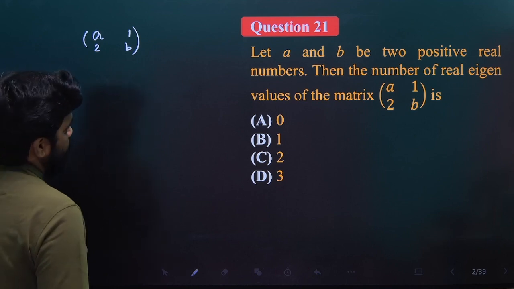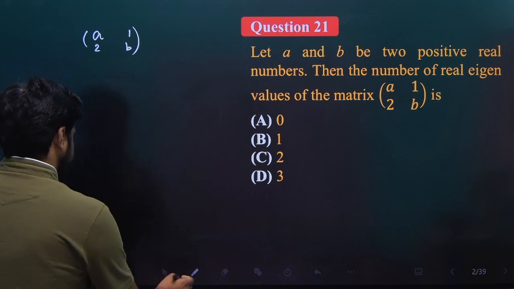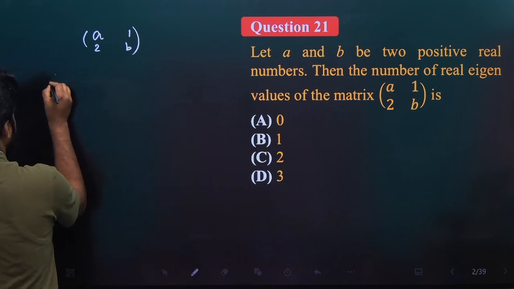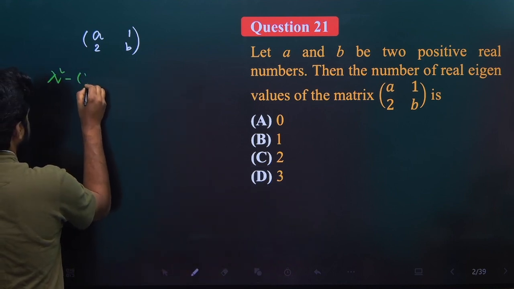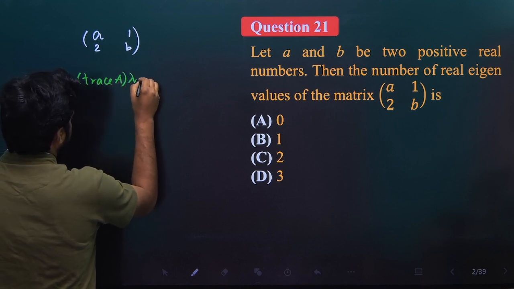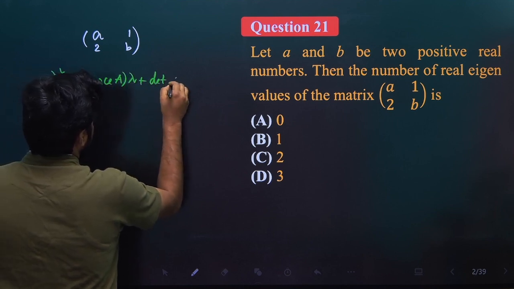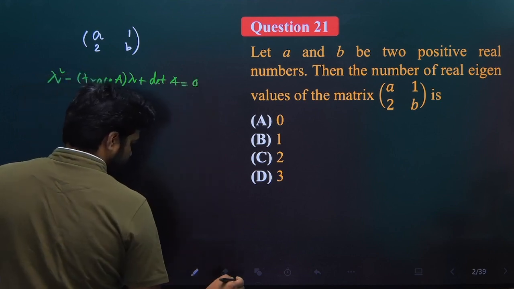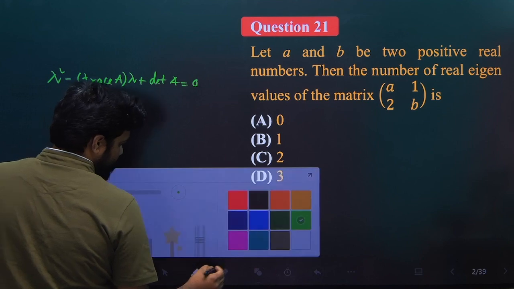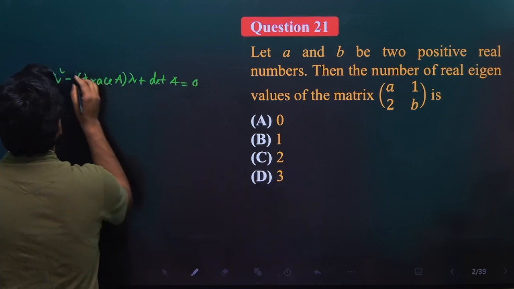So we know that if A is a 2 cross 2 matrix, just apply this trick: lambda square minus trace A into lambda plus determinant A is equal to 0. This is the characteristic equation for a 2 cross 2 matrix A, right?